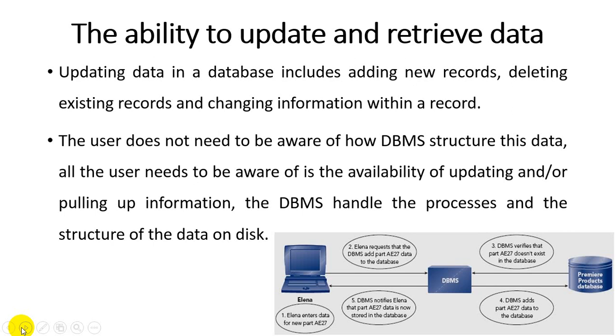The user does not need to be aware of how the DBMS structures this data, so even a non-technical person can perform all the operations mentioned previously. All the users need to be aware of is the availability of updating and pulling up information.